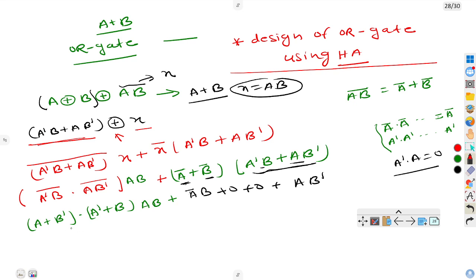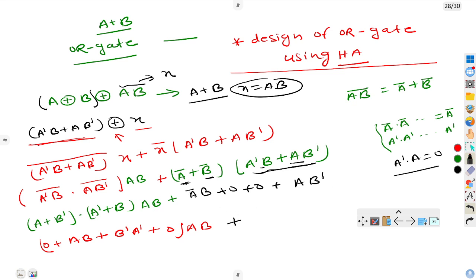Okay, and multiply this also. A into A bar, that is 0. A into A bar 0, plus AB, plus B bar into A bar, or plus B bar into B is 0. And AB is the multiplication.